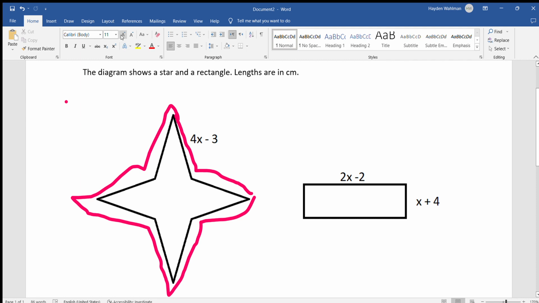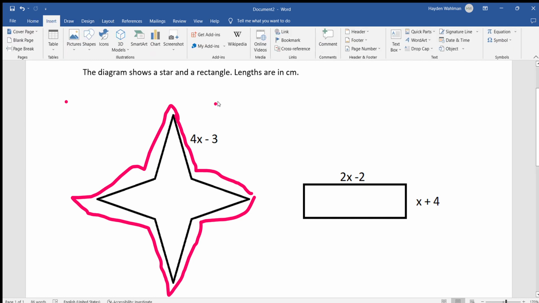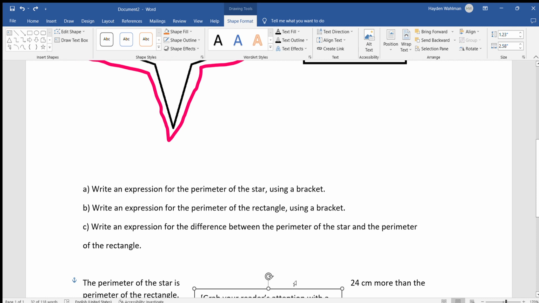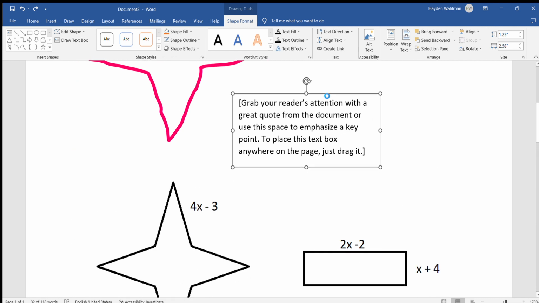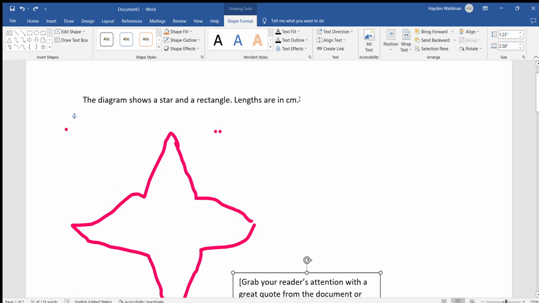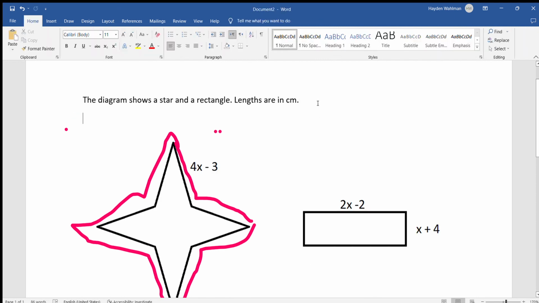No. Okay, I'll just insert a text box. Sorry. So I'll just write in this text box since I literally don't know how to get back into that, right? Oh, there it is. Okay. Okay. So I'm going to write.